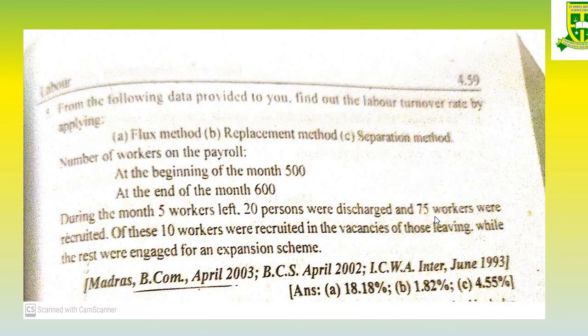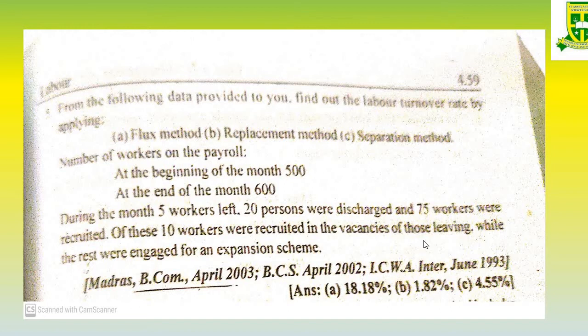And the second information is 75 workers were recruited. Totally 25 people left the organization, but in that year how many people were we recruiting? 75 workers. That is not a replacement value, it is the total people recruited for the particular year. Of the 75 workers, 10 workers were recruited in the vacancy of those leaving.